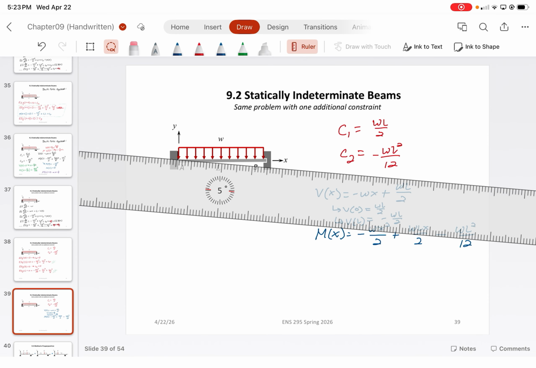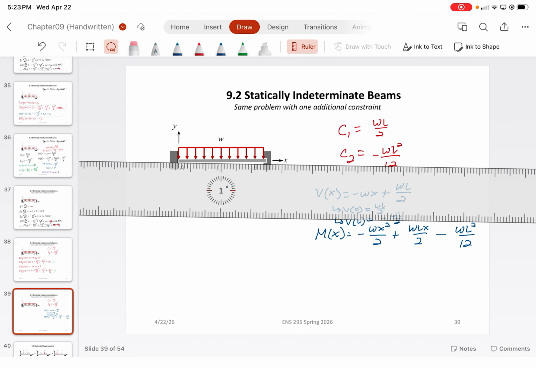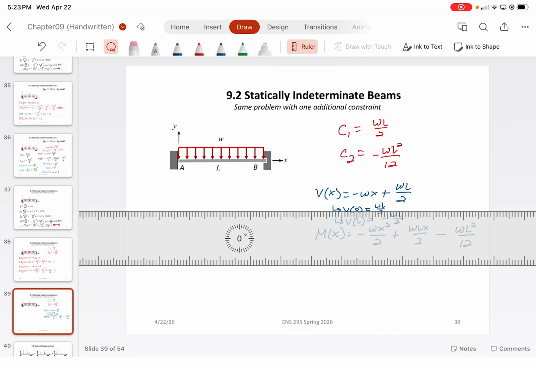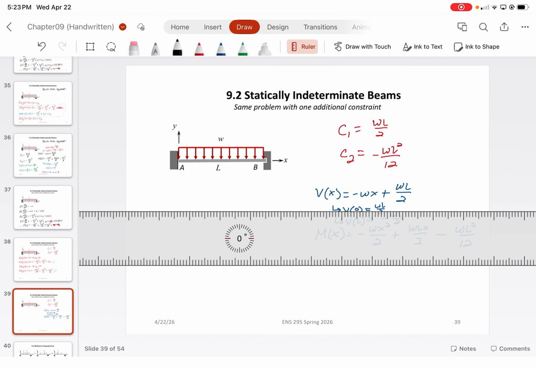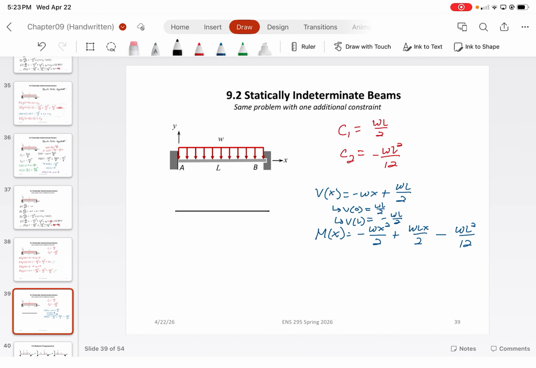So we can safely draw the shear and moment diagram, which let me do that right now. The shear at point A is positive wL over 2, so it goes up.